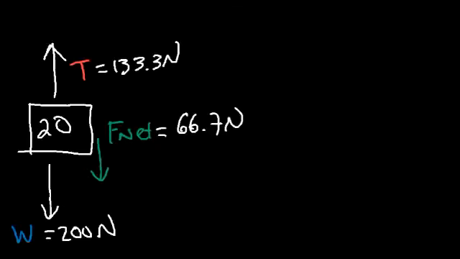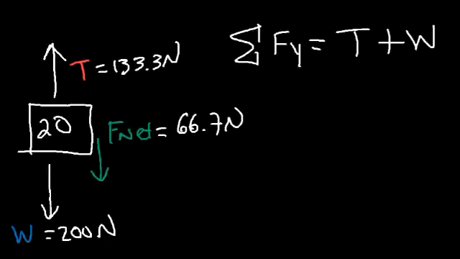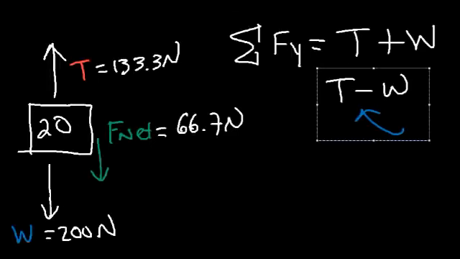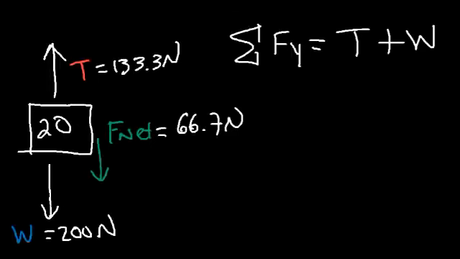Now let's focus on the signs of everything. The sum of the forces in the y direction is going to be the tension plus the weight force. In some earlier examples I might put T minus W because the weight force is going in a downward direction. At some point you have to incorporate a negative sign. So you can write the equation as T plus W, but when you plug in the numbers, make sure that you put in negative 200 for W because it's going in the negative y direction.